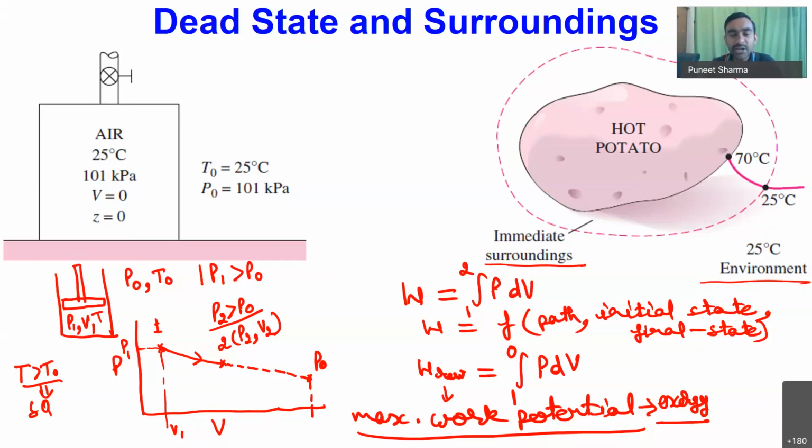So while talking about exergy, we should also know the thermodynamic state of the surroundings, because that is our final state of the system. That is why exergy is a joint property of both system and surroundings.